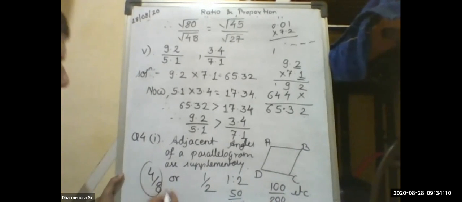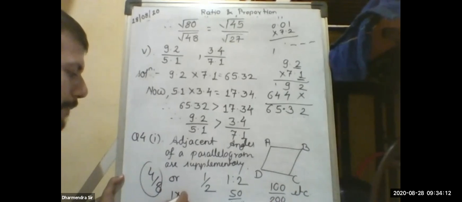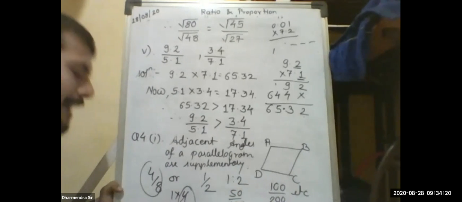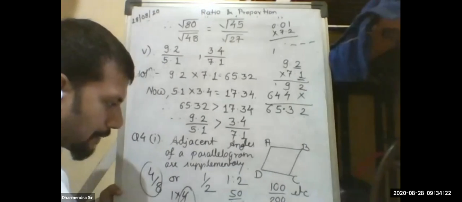Suppose we have 4/8, then our common multiple is 4. If we have 50/100, then our common multiple is 50. If we have 100/200, then our common multiple is 100. So these are called the common multiple.